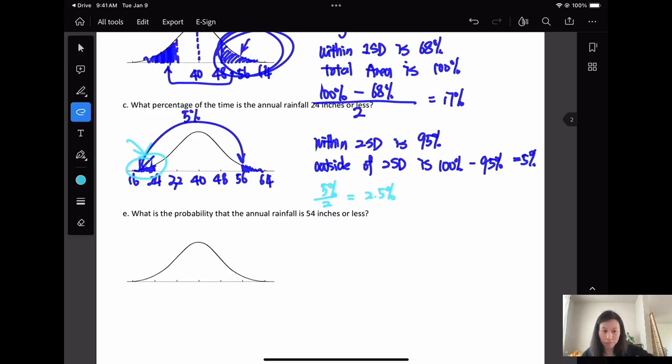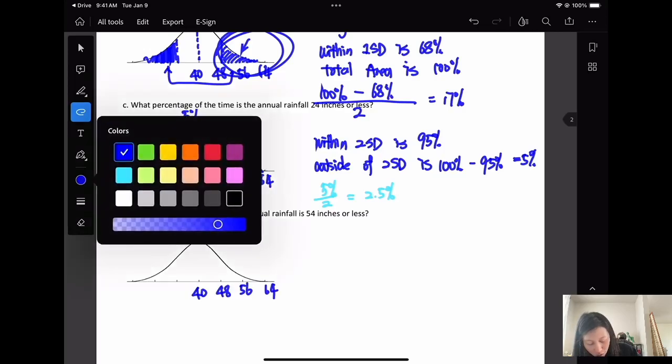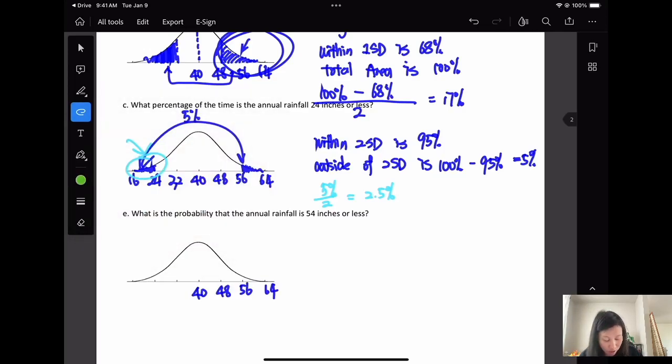So now, what about this case? Again, I'm going to label that. So I got 40, 48, 56, 64. Now, they ask you what the probability is that the rainfall is 54 inches or less. So 54 inches is in between here.